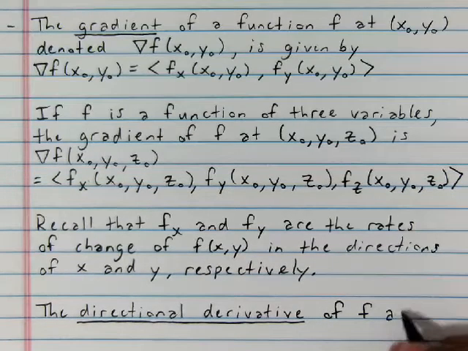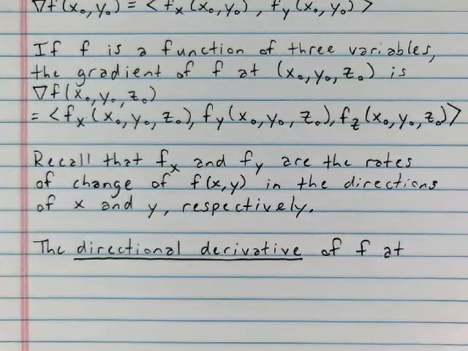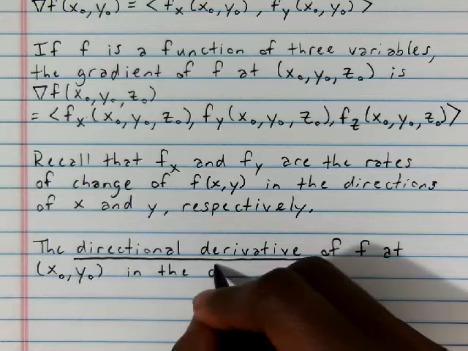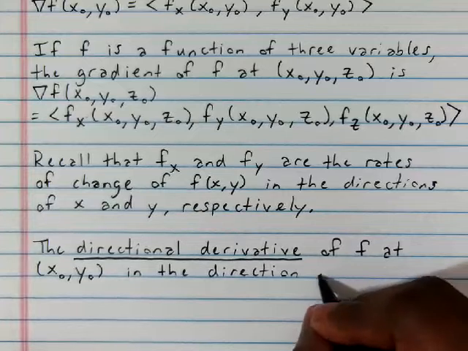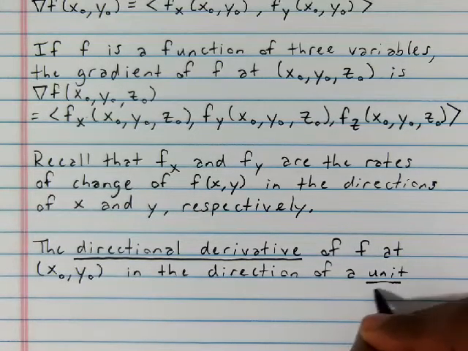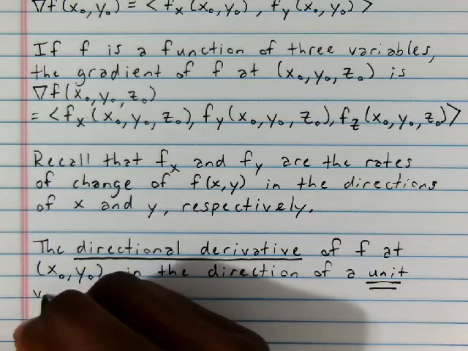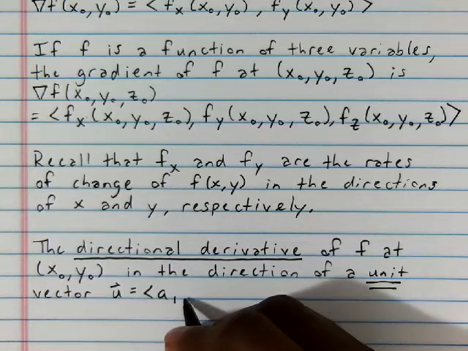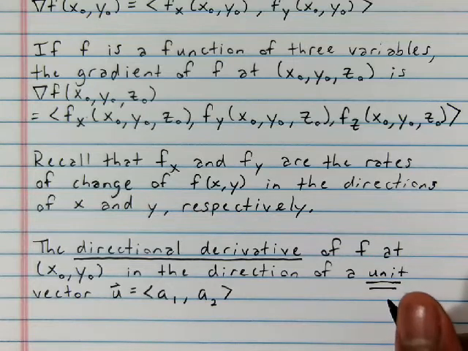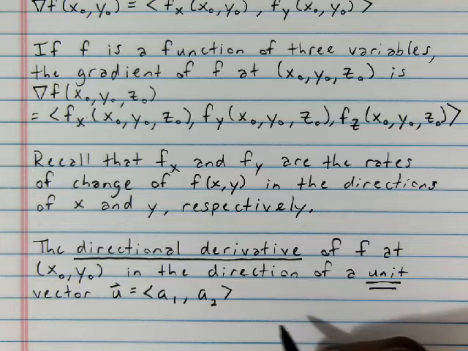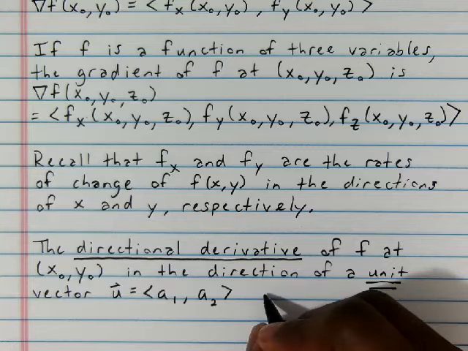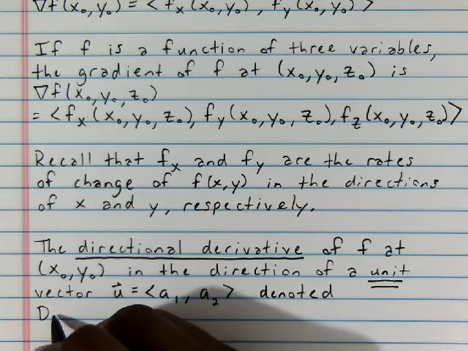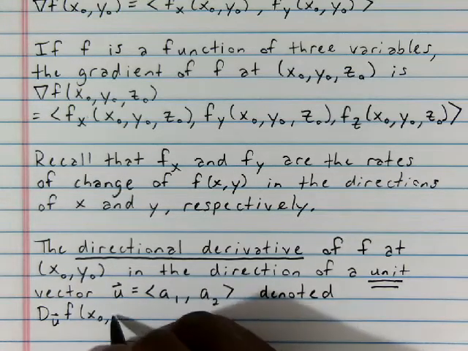of f at the point x naught, y naught in the direction of a unit vector u, and underline unit twice because you have to have a unit vector u, which we'll say has components a1 and a2, denoted d sub u of f at x naught, y naught.